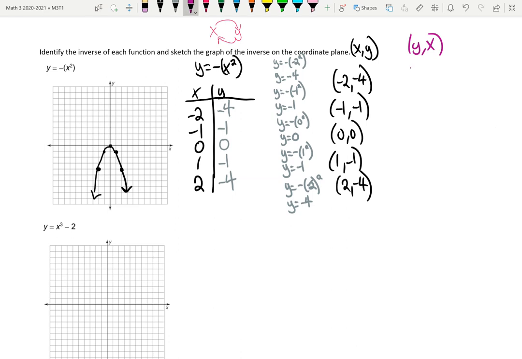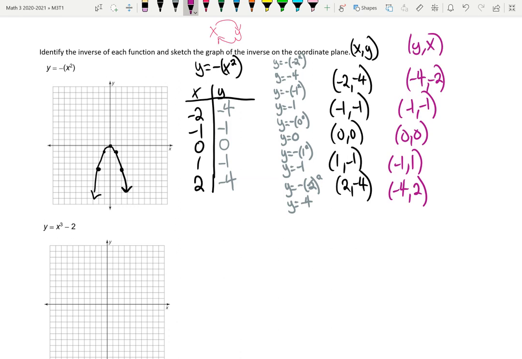Y comma x will be -4, -2; -1, -1; 0, 0; -1, 1; and -4, 2. So this produces a multitude of points.